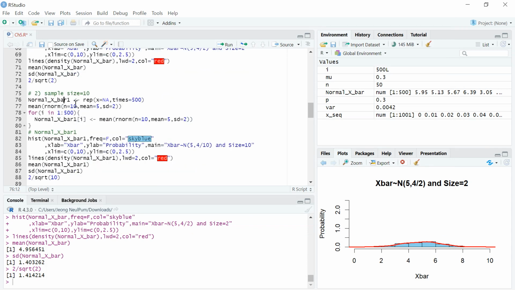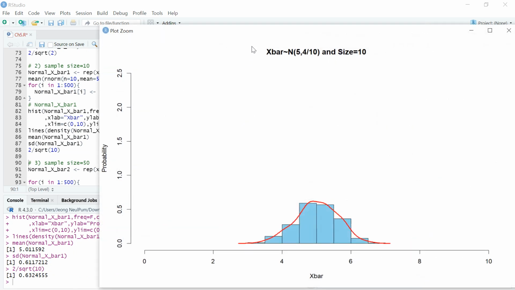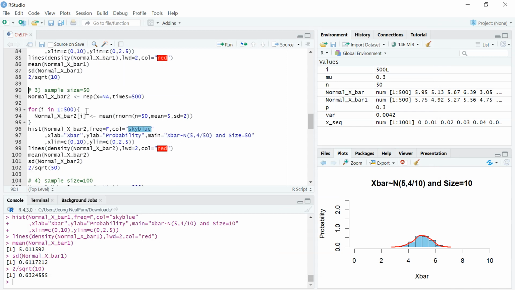However, if we increase the sample size up to 10, let's see the same thing. You can see that with sample size 10, it seemingly follows the normal distribution.